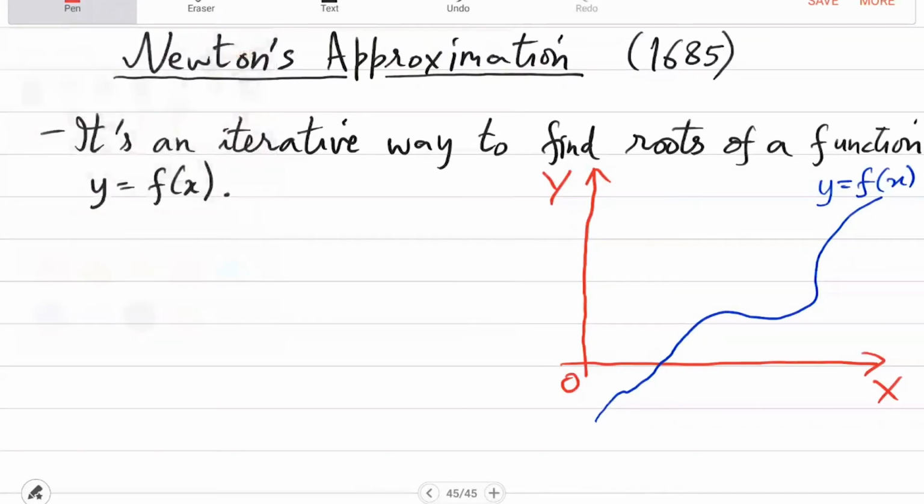If you start with this point, well, not start, say in some intermediate step of the process, you are here. This is xi. So you look at the value of y at this point on the curve, and from there you draw a tangent.